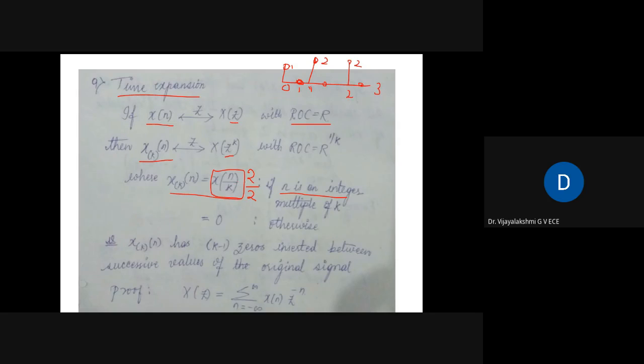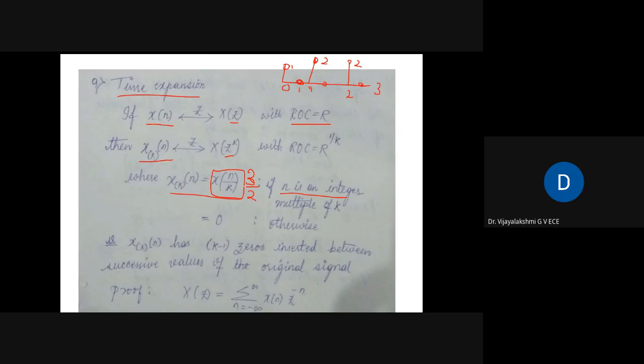Say for example, if n is 3 and k is 2, now I get x of 1.5. I don't have 1.5 in a discrete time sequence, right? In a discrete time sequence, all the samples should be defined only for integer values of n.